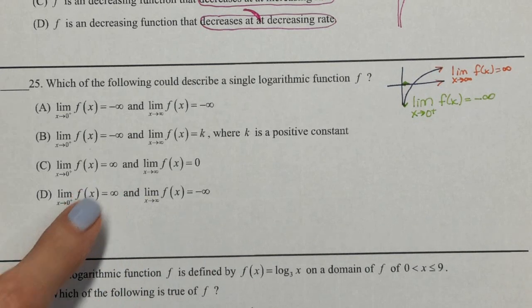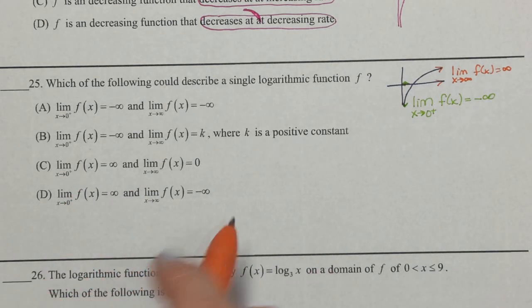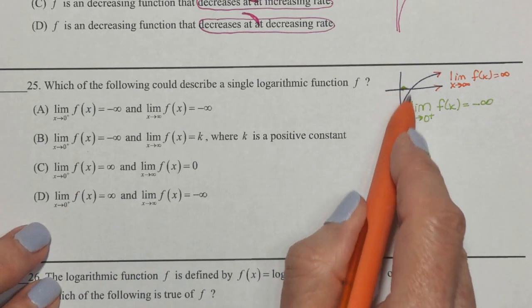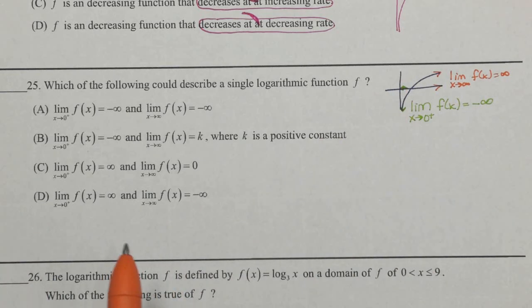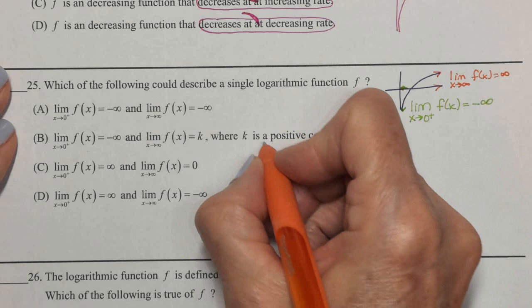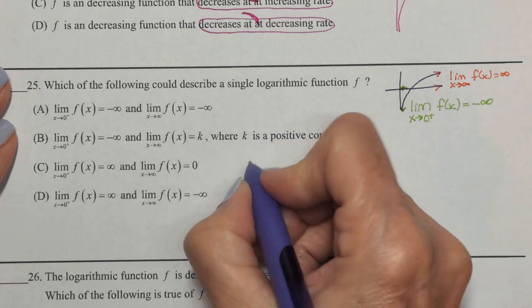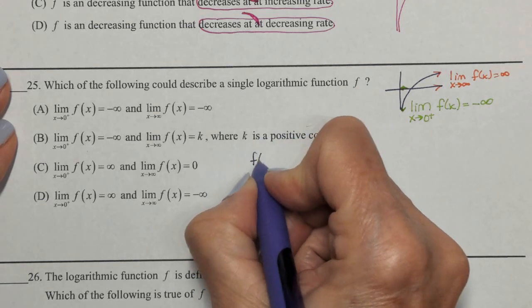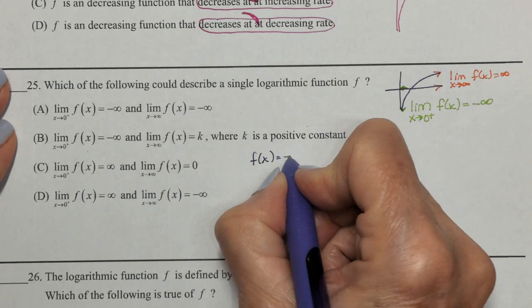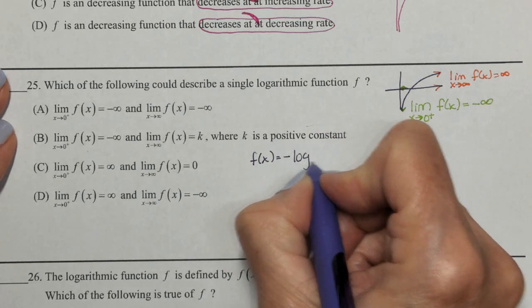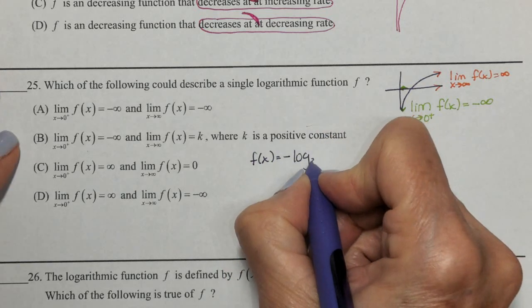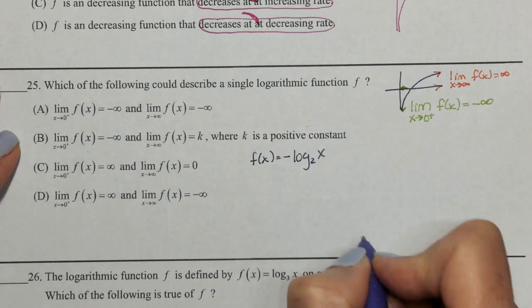So let's take a look at what would happen if we flip this log function over the x-axis. You flip it over the x-axis, that means we're talking about the function that would look like f of x is equal to a negative log base something of x.